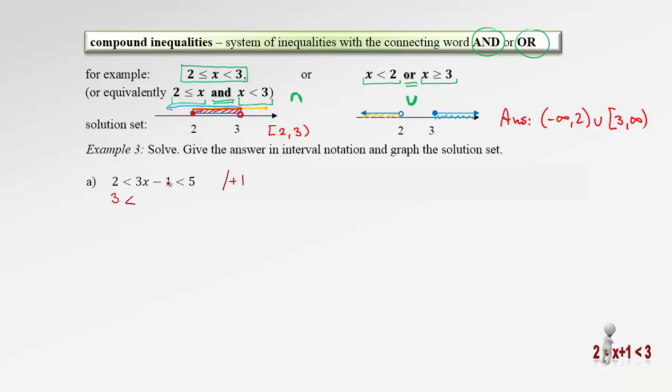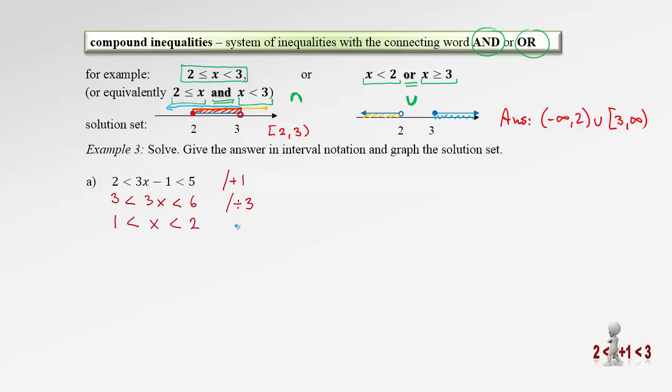This 1 will cancel the -1, so we have 3x, and 5 plus 1 is 6. At that point, to be closer to x, we're dividing by 3 to get rid of this leading coefficient. So 3 divided by 3 is 1. This 3 is cancelled, so we have just x, and 6 divided by 3 is 2.